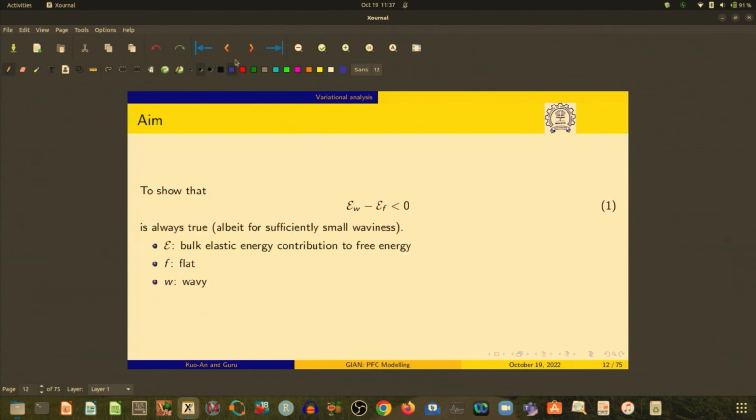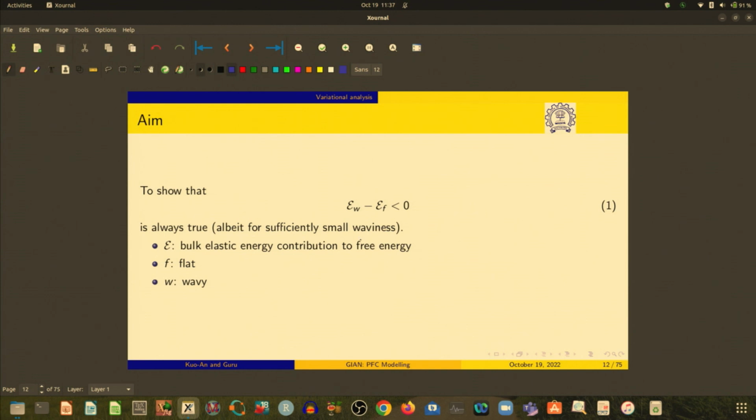So, what is our aim? Our aim is to show that E_W minus E_F is less than 0 is always true, meaning it does not matter what kind of waviness I put, the wavy surface should always have lower energy. That is what we want to prove, provided the waviness is very small.